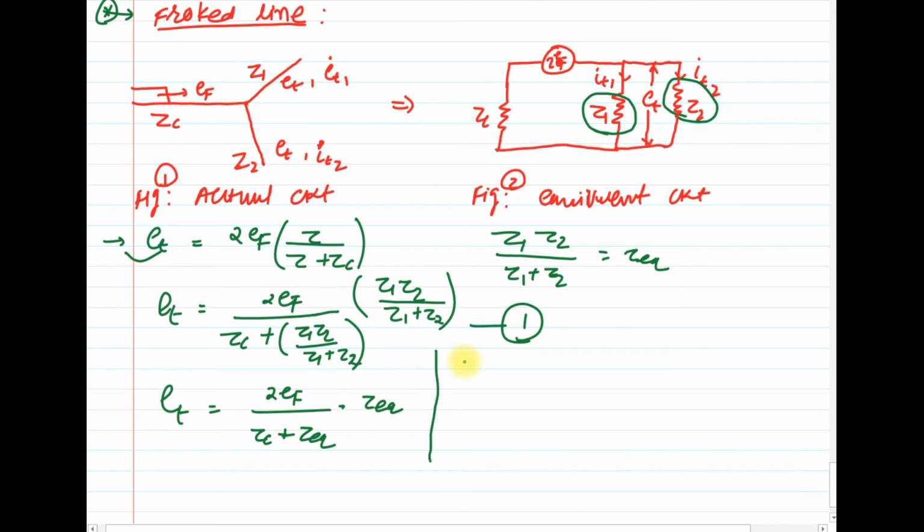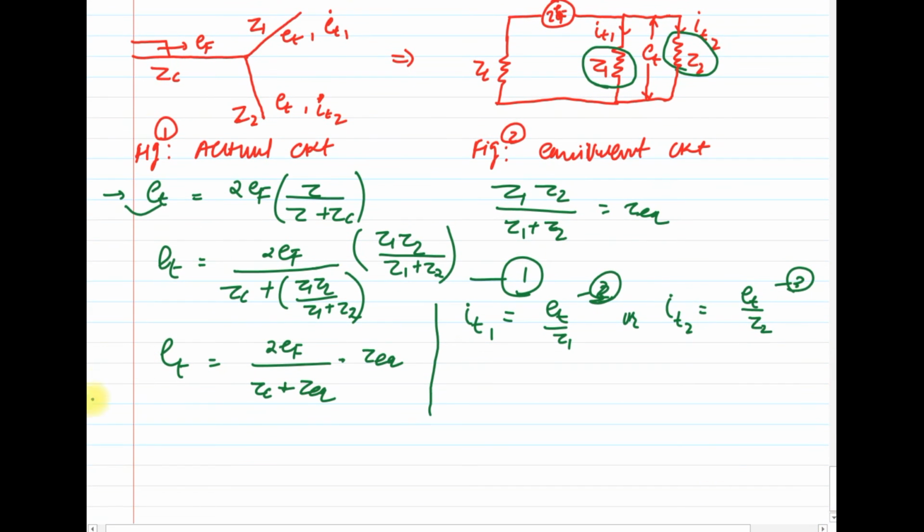So let us first write for the IT1, which is equal to ET by Z1. Same way you can write IT2, which is equal to ET by Z2, as the voltage remains the same. Clear? If you wish, you can give the number 2 and 3. Clear?